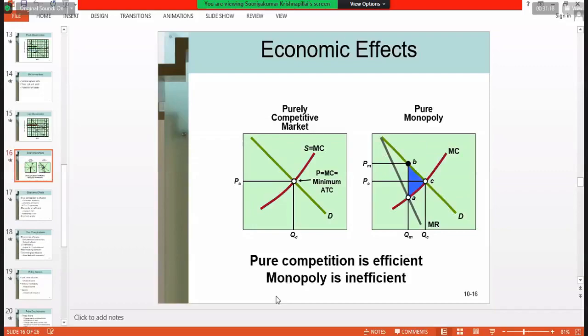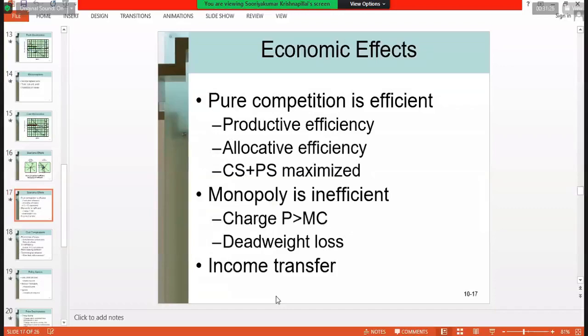So the monopoly market is inefficient. Pure competition is an efficient market, and we achieve productive efficiency and allocative efficiency, and also maximum gain from trade.